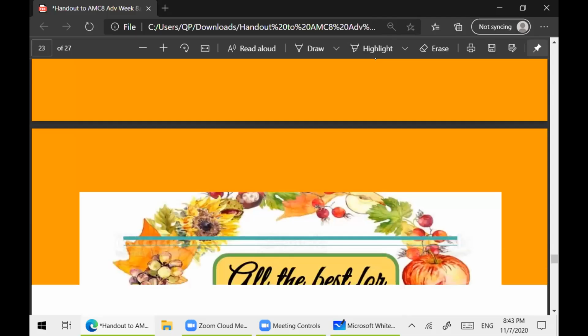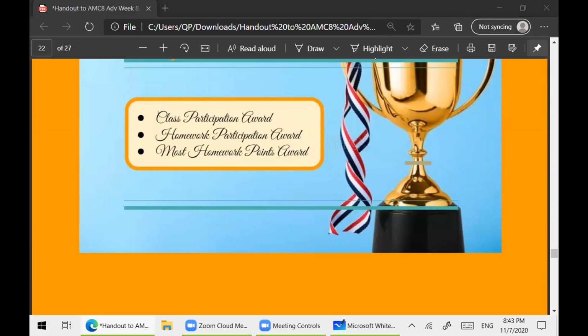Class Participation Award is given to people who actively participate in class, and those people would be Ethan, Lily, Jeffrey, Caden, Darren, Jason, Janet, Eric, and Michael.